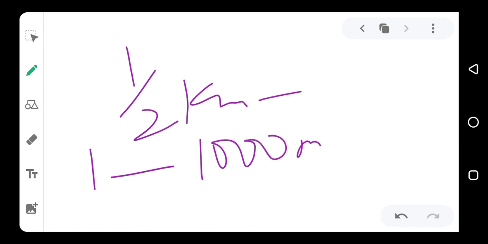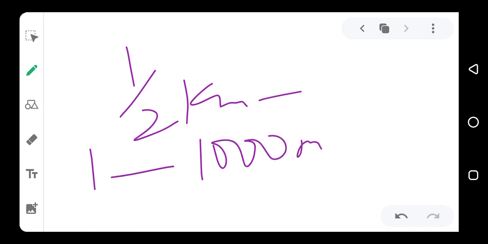Now we have that the distance is half kilometer away. Let us assume that we are asked to calculate it in meters. So 1 kilometer is equal to 1000 meters.